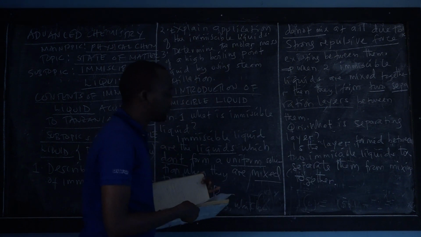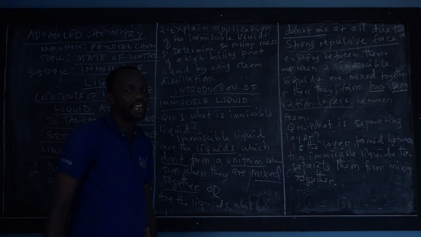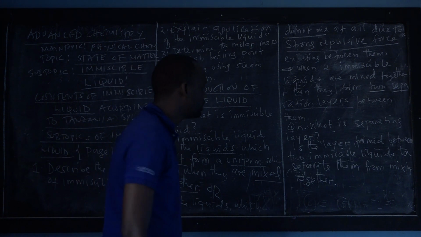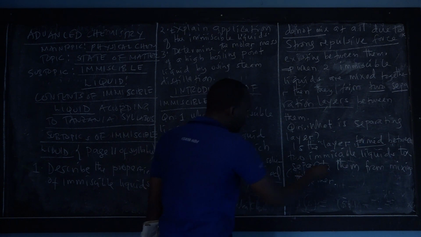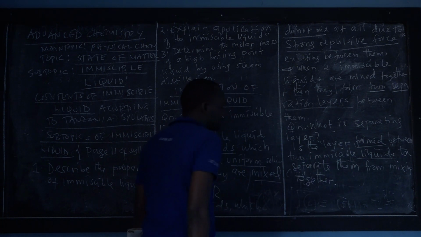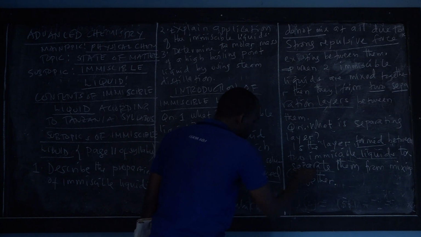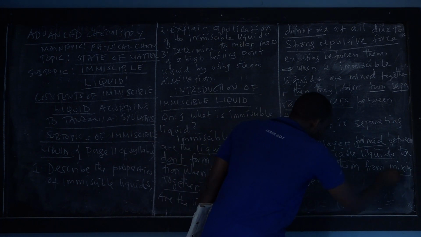This is a very important layer in the concept of immiscible liquids. It is formed in between two immiscible liquids to separate what? To separate them from mixing together.